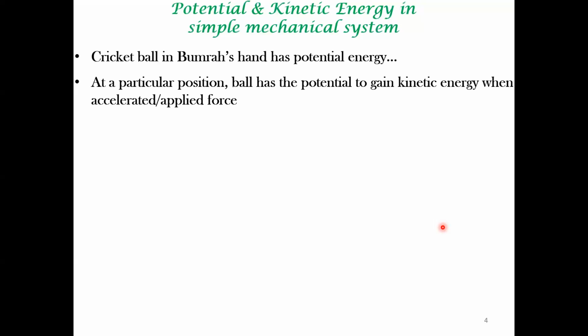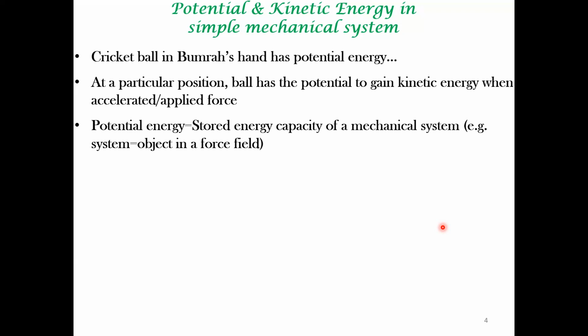At a particular position, in this case Bumrah's hand, the ball has the potential to gain kinetic energy when accelerated, or when there is an applied force on the ball, right? So in this case, Bumrah is applying the force. So we define potential energy as the stored energy capacity of a mechanical system, stored at a particular position.